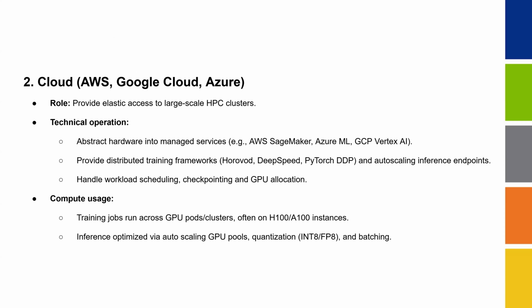So we have cloud in the role of providing elastic access to large-scale, high performance compute clusters. The compute usage is very high. Training jobs run across GPU pods and clusters, often on H100 and A100 instances. Inference is optimized via auto scaling, GPU pools, quantization, and batching techniques.